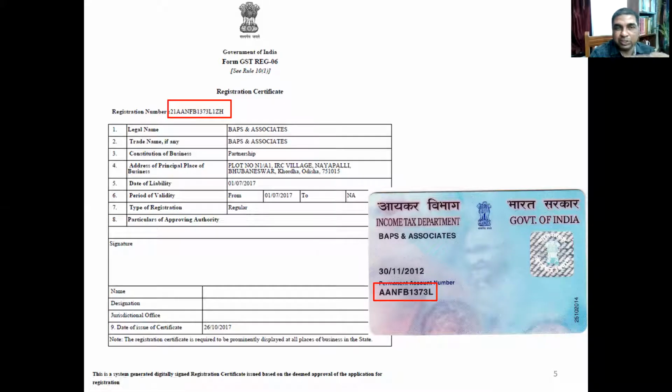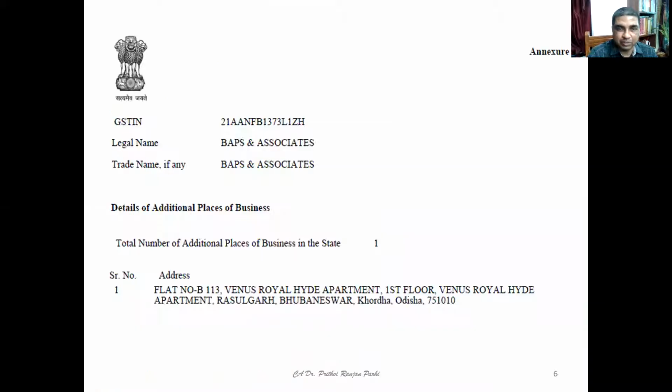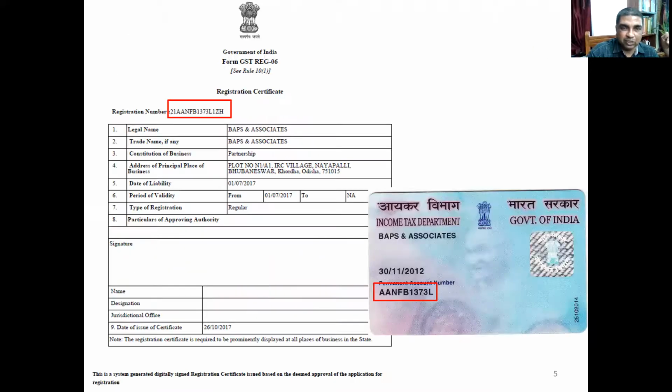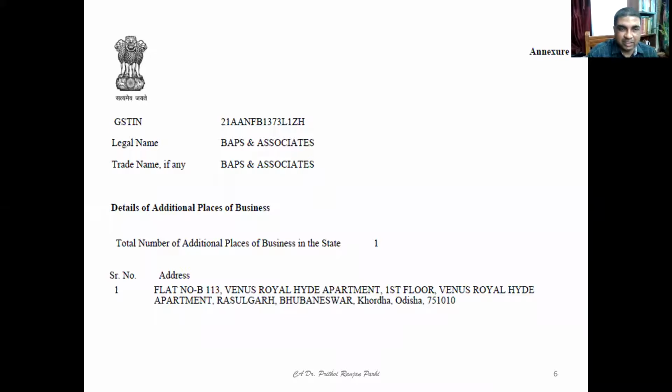Okay, this is how a GST registration certificate looks, and we'll be learning the process of obtaining this certificate, and the legal provisions relating to registration. This certificate normally has an annexure which gives some other details, right? One can find out the place of business and the additional place of business.